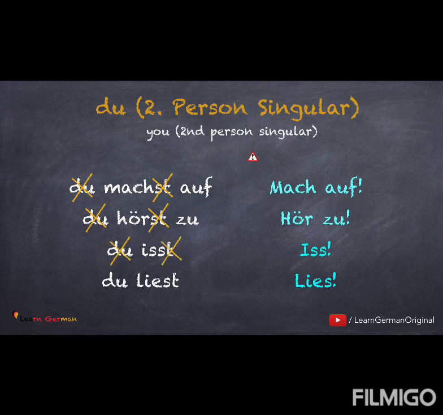In the case of essen and lesen, since they are irregular verbs and their Verbstamm changes in the conjugation, you just remove the t at the end and the du, of course. Hence, du isst changes to iss and du liest changes to lies.